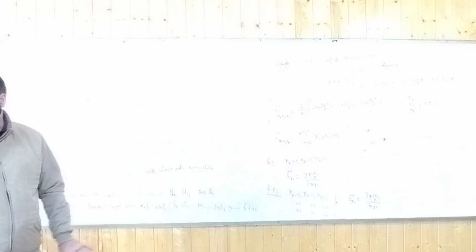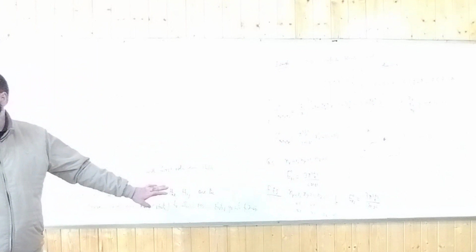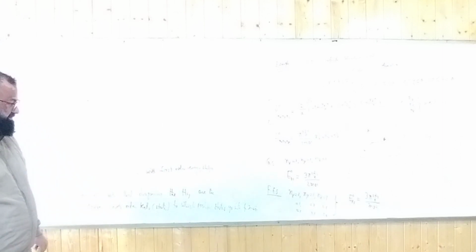Everybody followed it? So what are the states? Let's label these various states: 2, 1, 1, then 1, 2, 1, and then 1, 1, 2. These are the 3 states. I will label them this way.